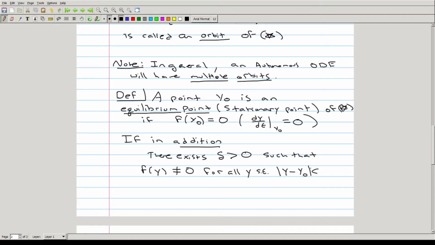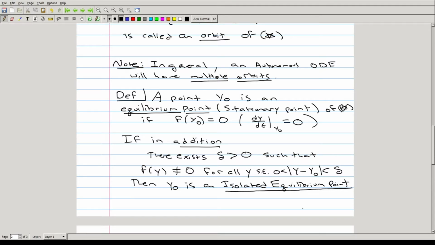So the function is non-zero for all y around y naught in a small enough region around y naught. And we say that it's an isolated equilibrium point, which is a special, more restrictive type of equilibrium point.